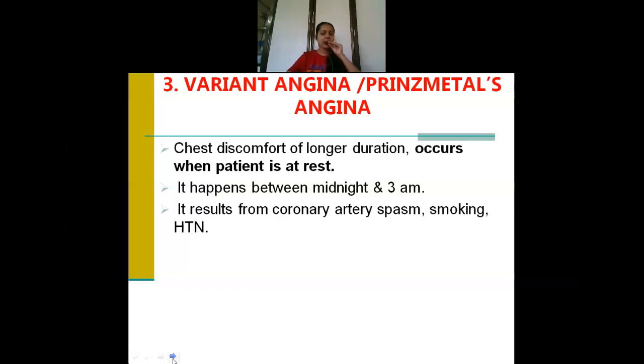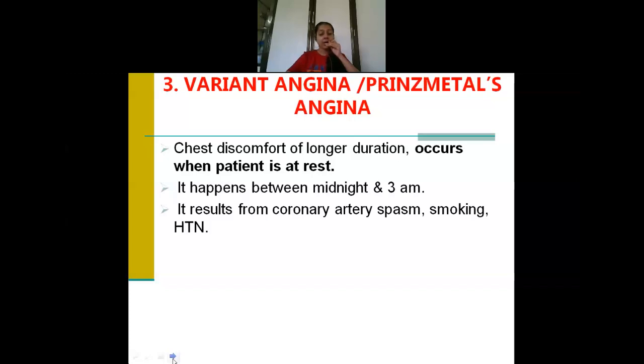Now the reason why it happens between midnight to 3 a.m. or during rest is because the blood flow will be restricted during this time. And one more is, while the person is lying down, what will happen? The gravity will redistribute the fluid in the entire body. And the heart has to work hard to pump the blood.